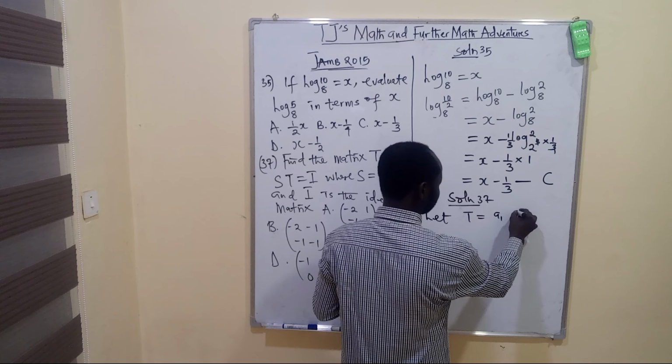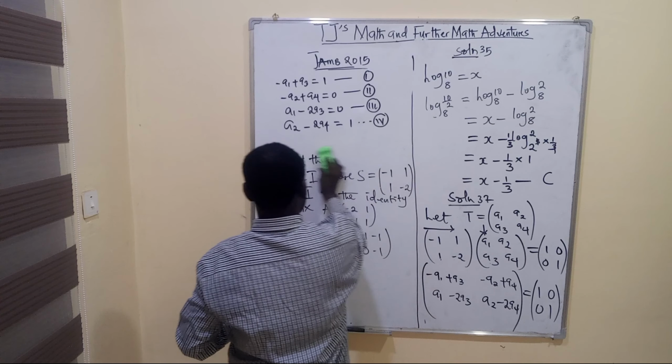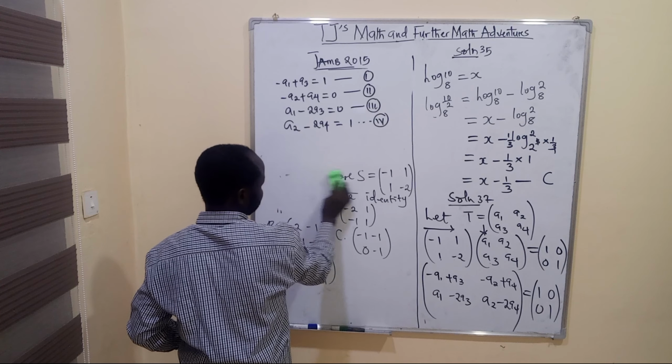Next is A1 minus 2A3 equals 0. This will form our equation 3. The last one now, A2 minus 2A4 equals 1. This will form our equation 4. Okay, so let's clean the question and leave the options so that we can check.